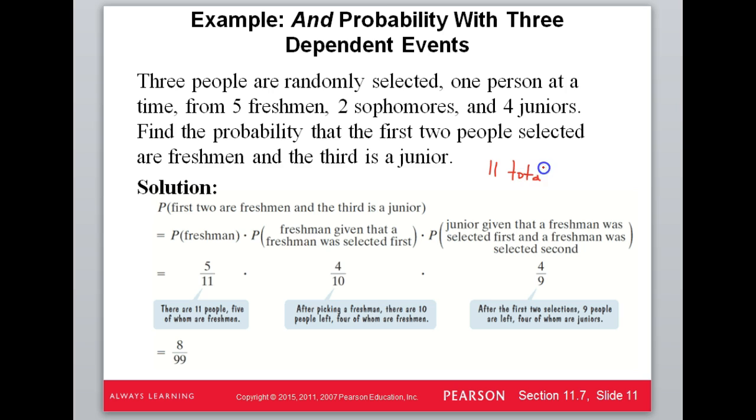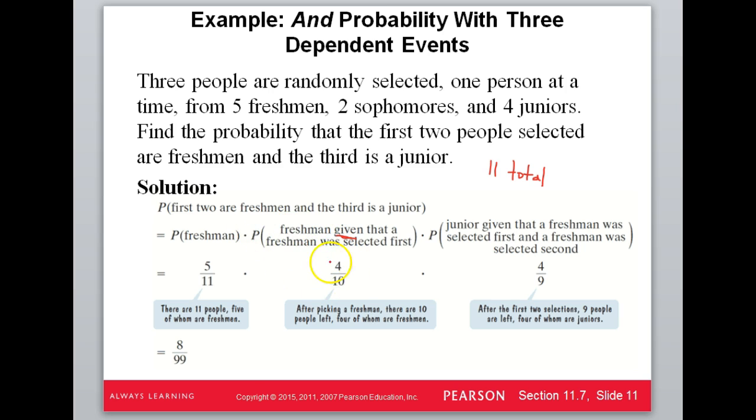and the probability the very first one is a freshman is 5 out of 11. Alright, there's 5 freshmen, there's 11 total. Now times, the first one was a freshman, so that's the given. For the first two to be freshmen, the first one had to be a freshman, and now the second one has to be a freshman.